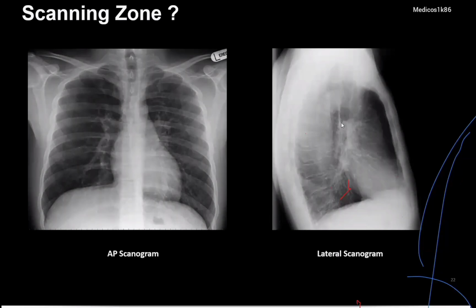And when we talk about the isocenter of the machine in the gantry, we have to keep the middle of the heart in the isocenter to get the best image quality, because the photons come less angulated in the middle.